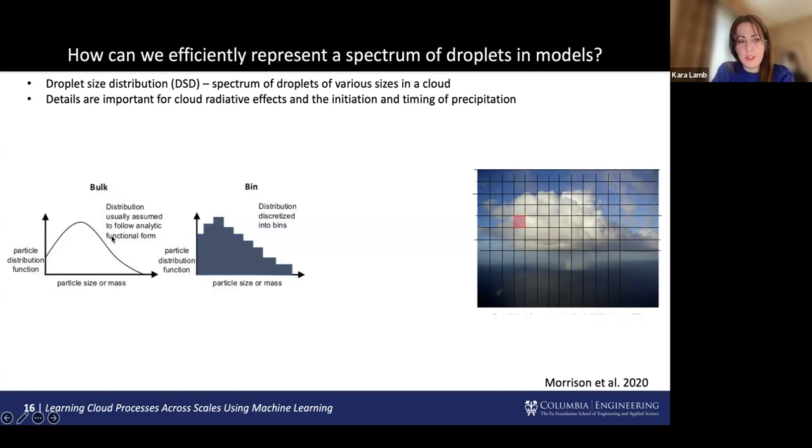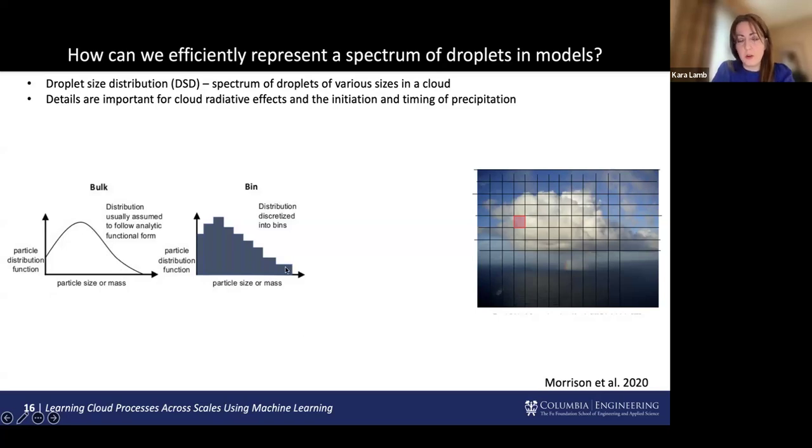And in that case, when we have microphysical processes applied to these moments, we generally assume some analytical functional form for the true droplet size distribution and then determine how the moments would change assuming that assumed analytical functional form.